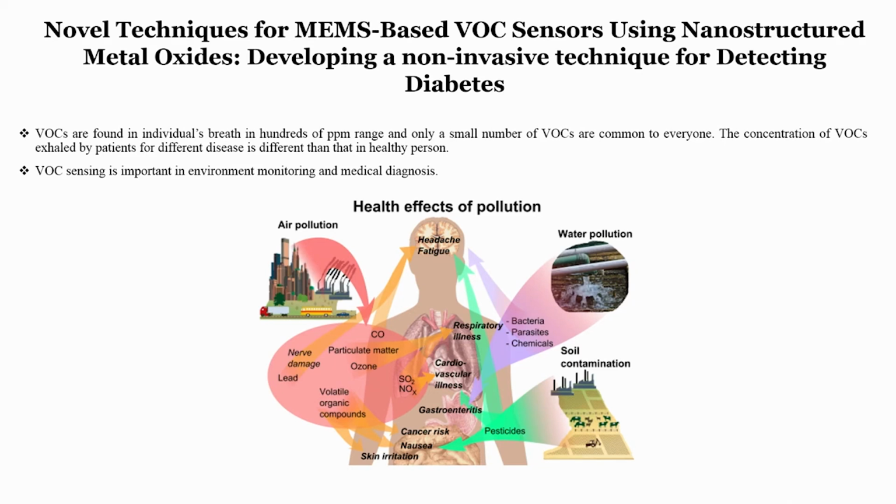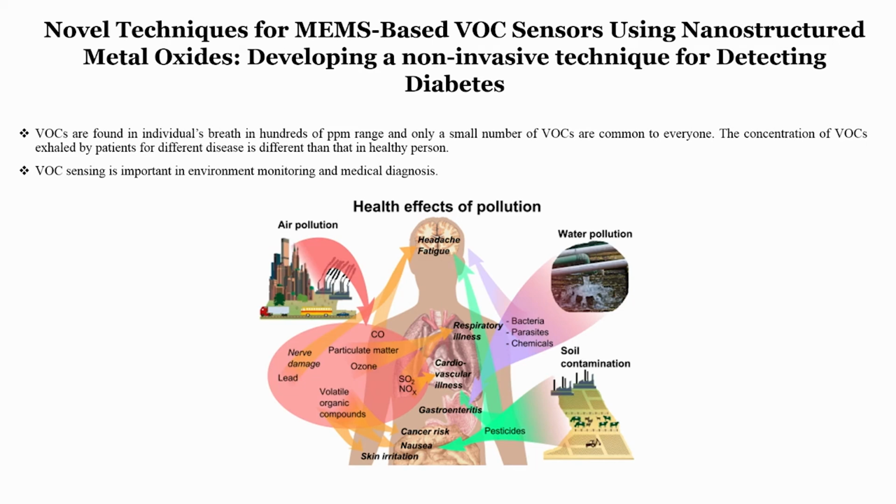If VOCs exceed a certain limit, they cause cancer, nausea, skin irritation. If there is particulate matter and ozone, it causes respiratory illness. If there is lead in the air, then we have nerve damage. So, the health effects of pollution are enormous.